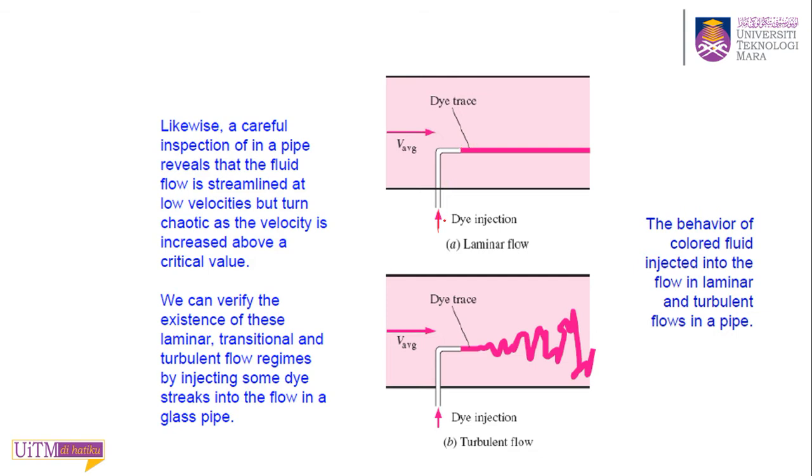When the velocity is not too high, you can see the dye flow in a very orderly manner, which we call laminar. But as the velocity increases, the dye will move in a very disordered manner, and this is where the turbulent flow is.